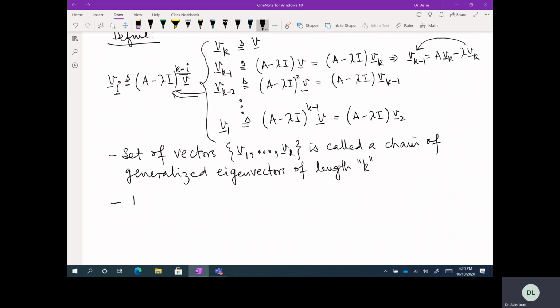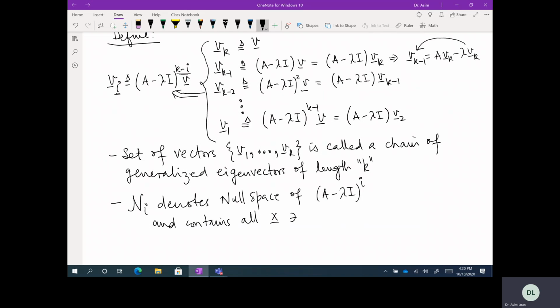So another definition: Ni, which I've already said above, denotes the null space of A minus lambda I raised to the power i, and contains all x such that A minus lambda I raised to the power i into x equals 0.